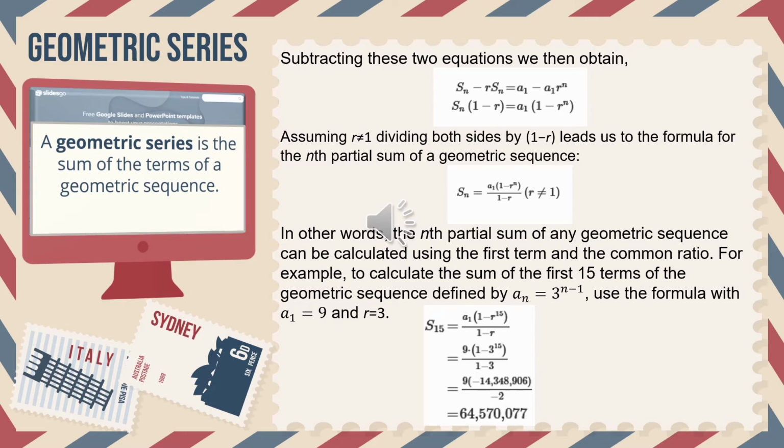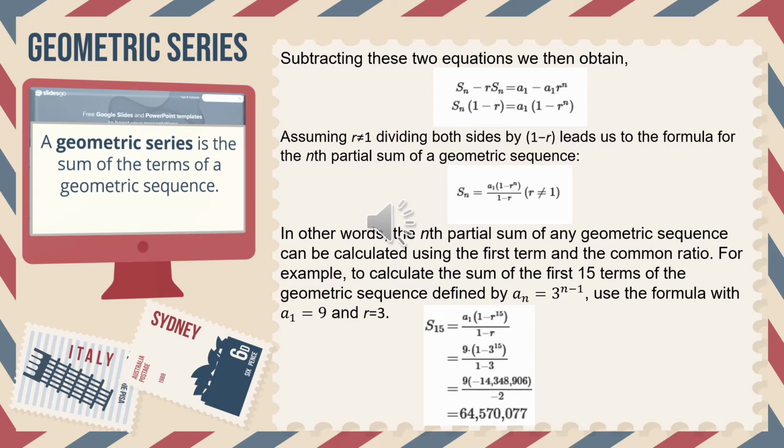Subtracting these two equations, we obtain S sub n minus r times S sub n is a sub 1 minus a sub 1 times r to the power of n. S sub n times (1 minus r) is a sub 1 times (1 minus r to the power of n).